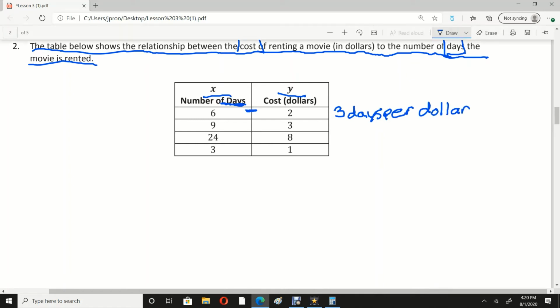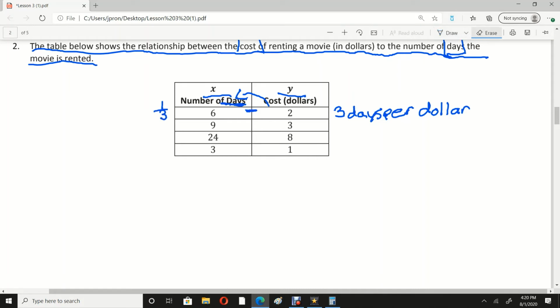But then let's say we wanted to determine our unit rate by dividing cost in dollars by number of days. Well, we would divide 2 by 6. That would be 2 over 6, or 1/3. And so what would that 1/3 mean?